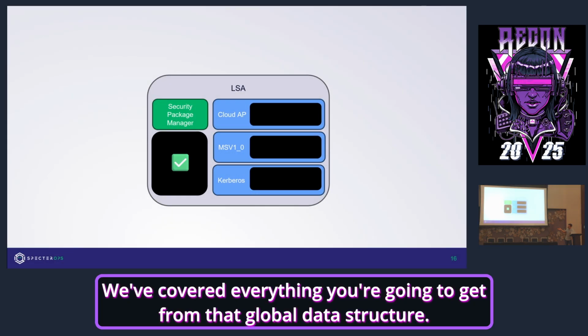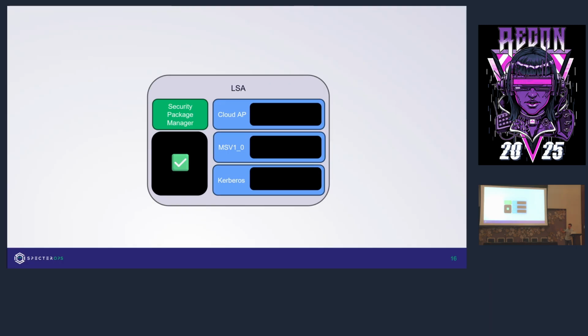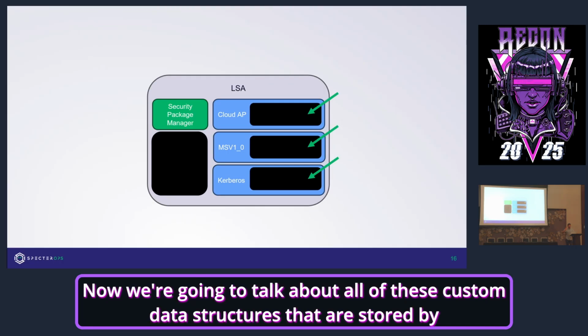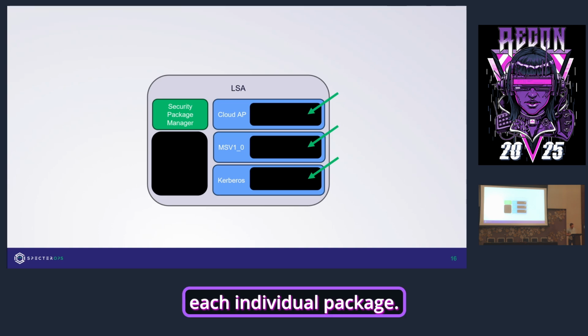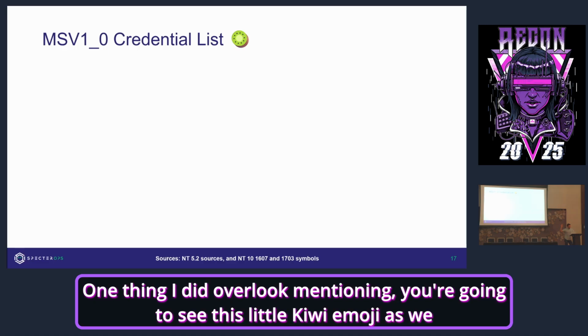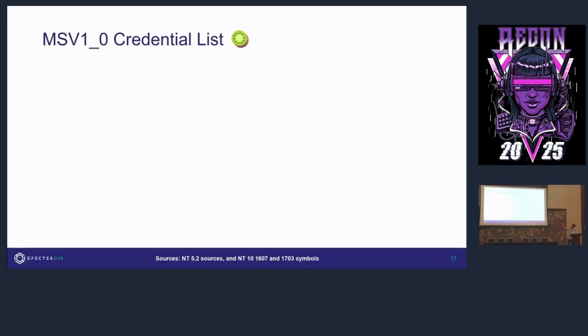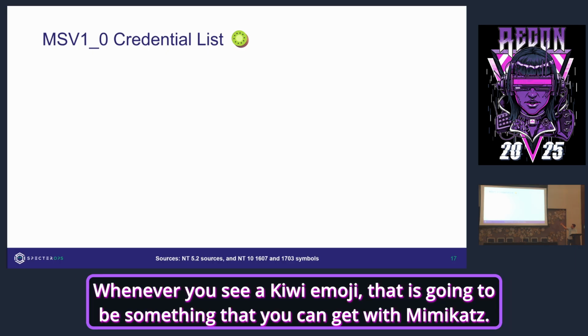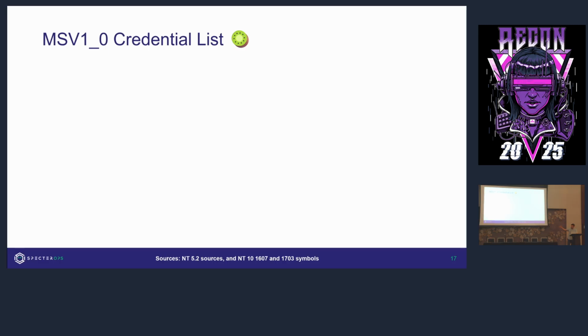We've covered everything you're going to get from that global data structure. It's pretty quick and easy. Now we're going to talk about all of these custom data structures that are stored by each individual package. One thing I did overlook mentioning: you're going to see this little kiwi emoji as we go through these slides. Whenever you see a kiwi emoji, that is something you can get with Mimikatz.